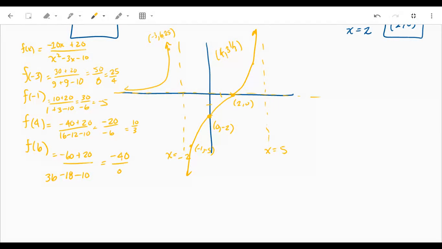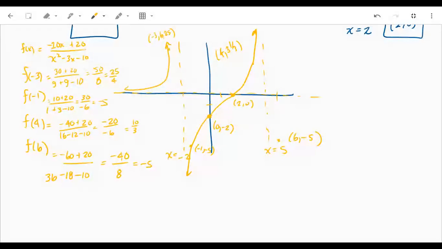So that's going to be negative 5. So we'll be at (6, -5). So kind of like that, and boom. There's our graph.